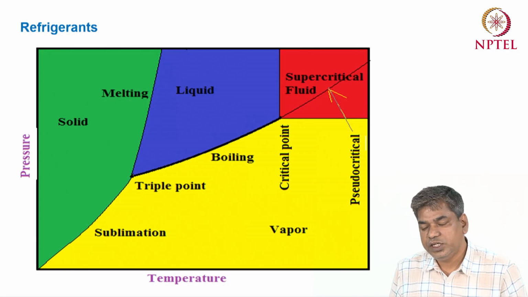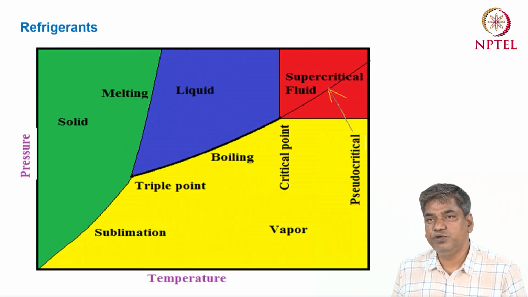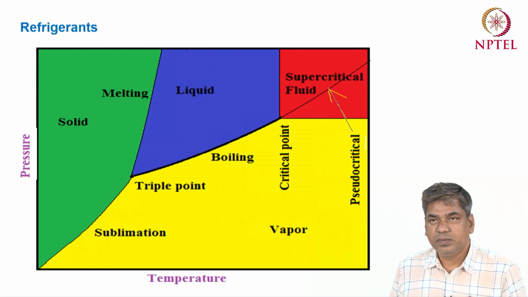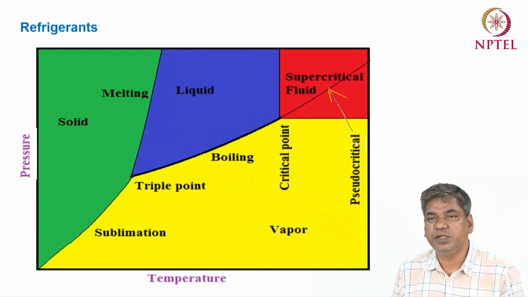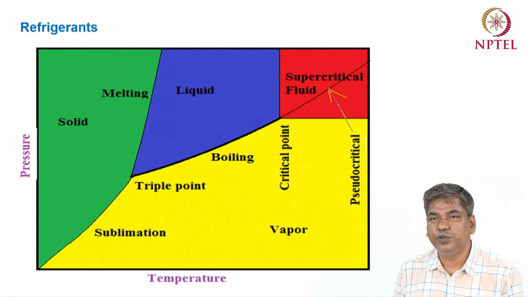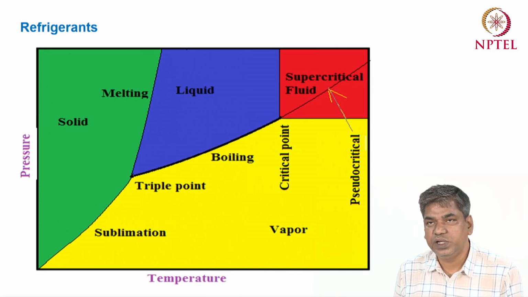That temperature is very important, because we always prefer to use a refrigerant whose normal boiling point temperature is lower than the evaporator temperature. That means the evaporator temperature you choose should always be higher than the normal boiling point temperature, so that the evaporator pressure is higher than the normal ambient pressure. So any leakage from the outside air into the system can be avoided, and the system can be run more safely.